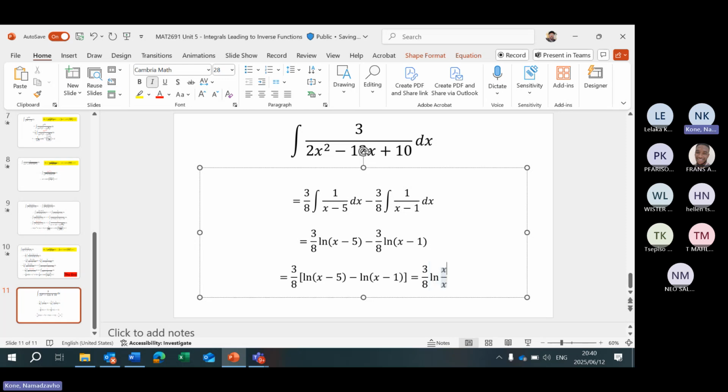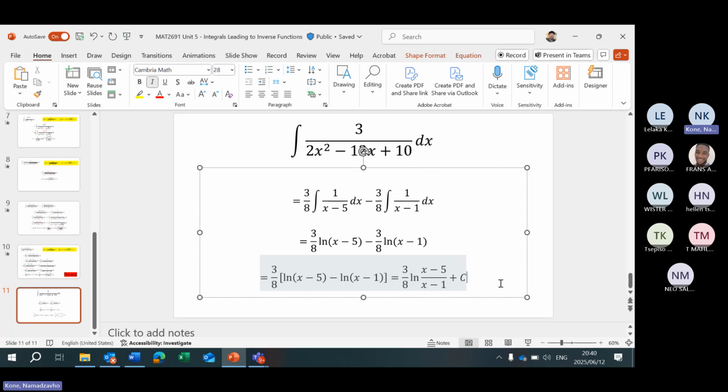You can say x minus 5 all over x minus 1. So this is what that lady gave us as the answer, plus c, right? Plus c. This is what we were given. You can see that this answer looks way different from the answer that we got at the beginning.